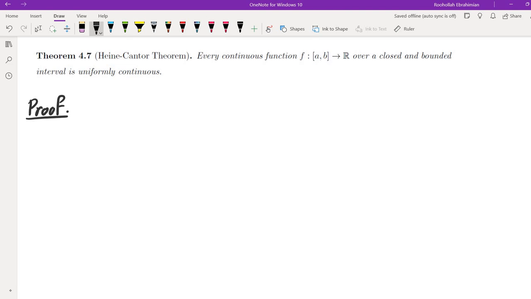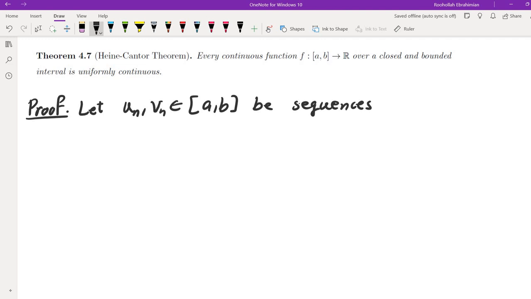So we will start from two sequences. Let un and vn in the interval a to b be sequences such that limit of un minus vn is 0 as n approaches infinity.